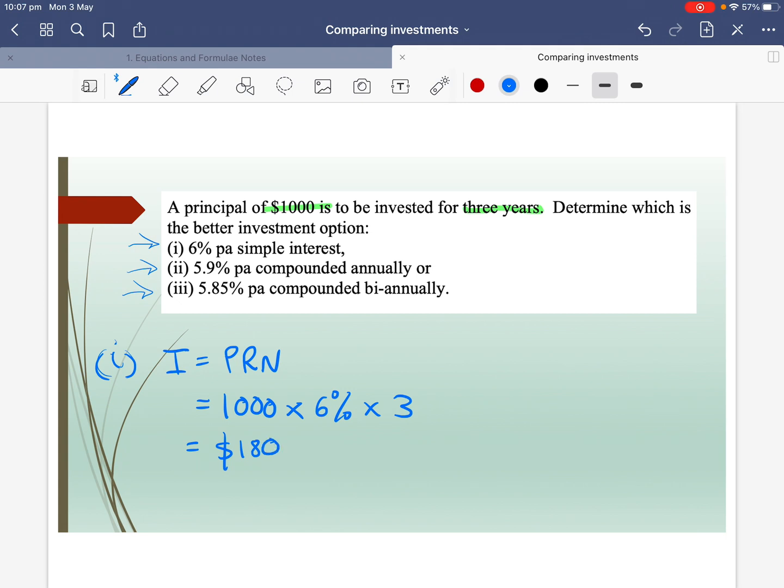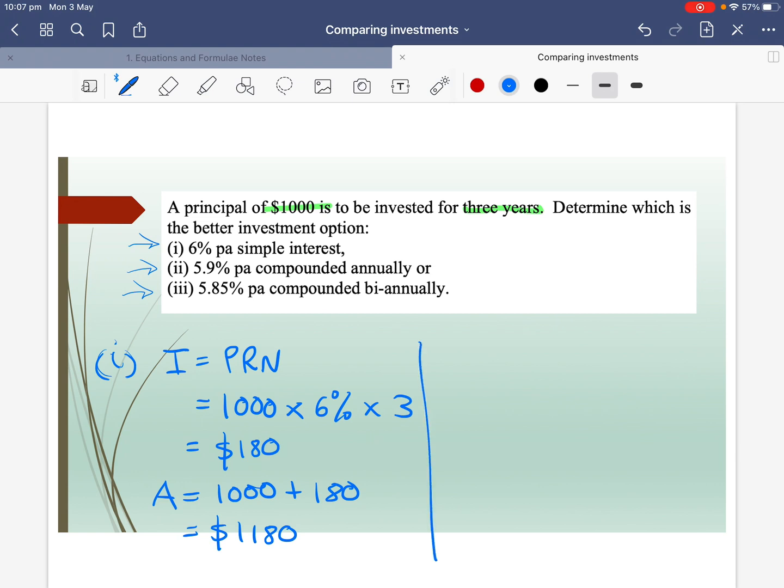But that's just the amount of interest earned. So the total amount in that account will be the $1,000 plus the $180 of interest, which will give me a grand total of $1,180. Okay, so that is the first option.